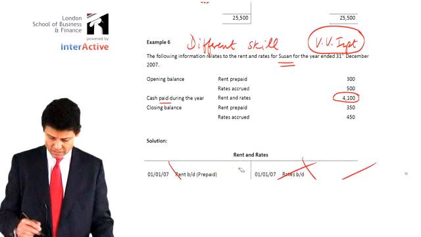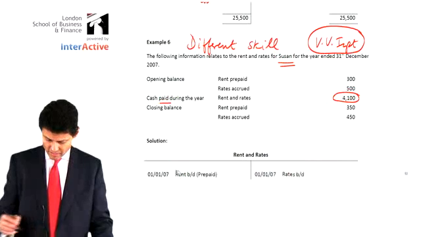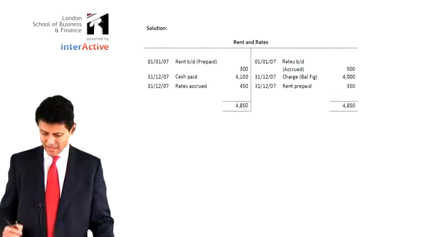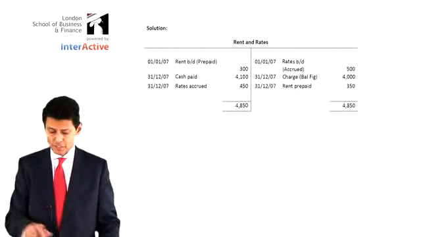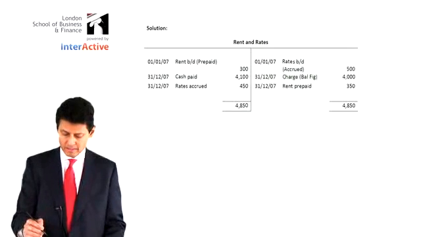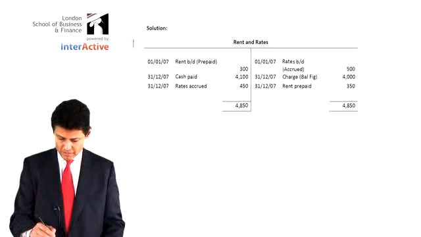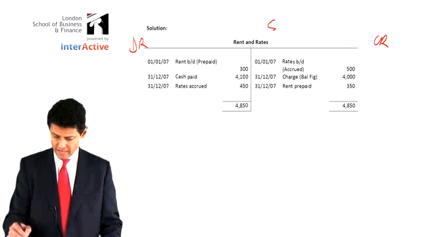So given its danger, this particular item and its significance, I'm going to do something that I don't always like doing, but just for clarity this time, I'm going to show you everything on the face of our little class notes. Okay, so debit on that side, credit on this side, dollar signs, etc.